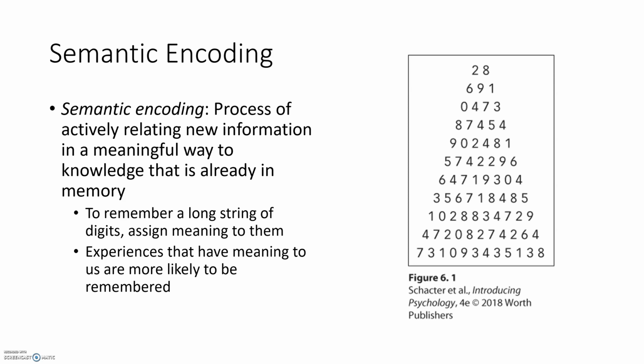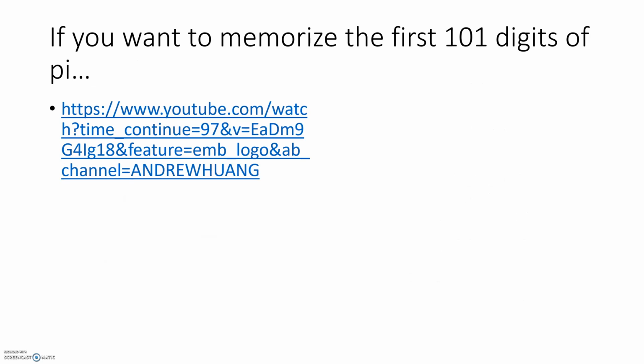You can use something like that to take these random digits that you see here and assign a meaning to them, and maybe compose a weird story in your mind to help you remember. 2 is shoe, 8 is gate. So you can imagine a shoe kicking open a gate. 6 is sticks. The gate is made of sticks, things like that. And memory experts, or people who are really good at memorizing random strings of digits, use techniques like this.